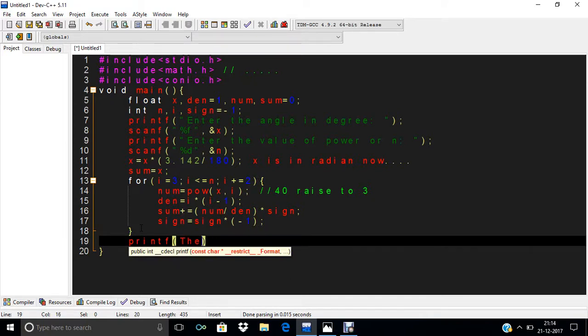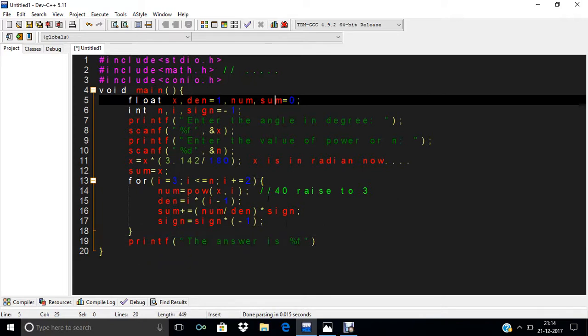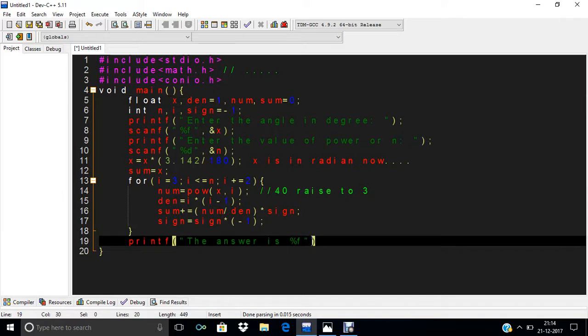The answer is %f, because sum is a float, and I believe the answers will also be in decimal points, 90% of them at least. Then sum. So we are done here.